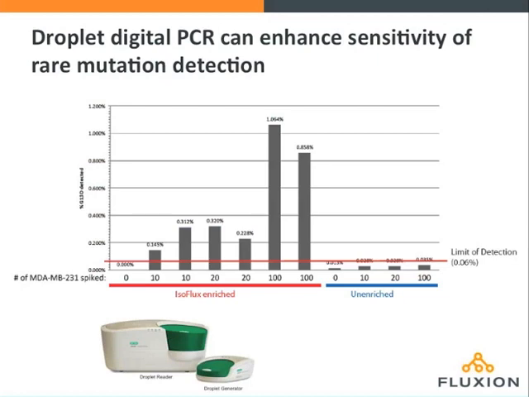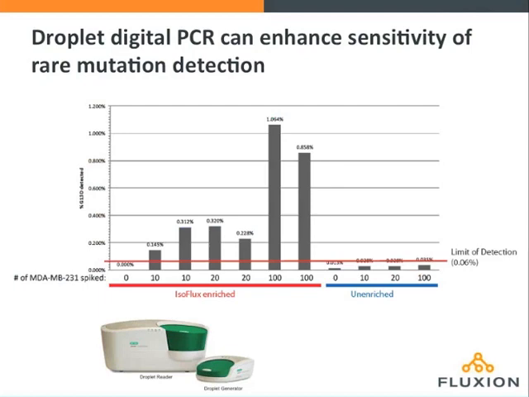Another approach that people are taking in order to really quantify the percent mutants in the sample is droplet digital PCR. And in this, again, analytical study that uses a similar sample format, that is MDA cells spiked into whole blood, we compare the unenriched results to the results from this instrument post IsoFlux enrichment.